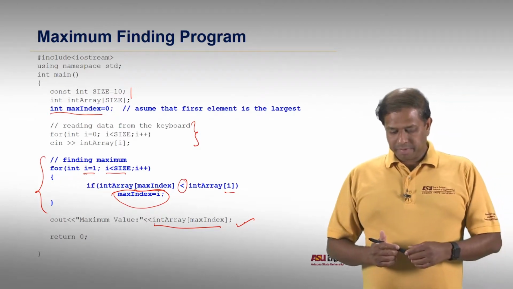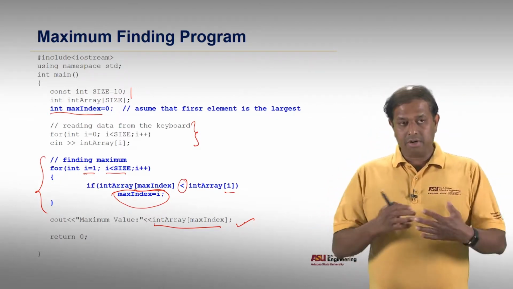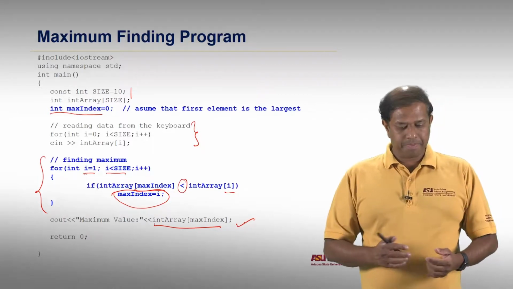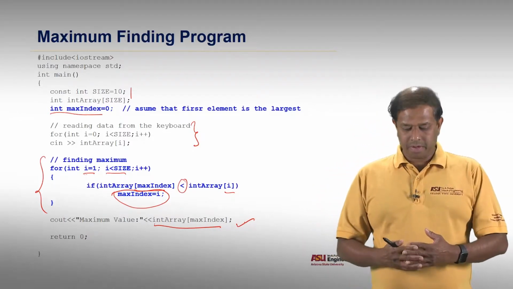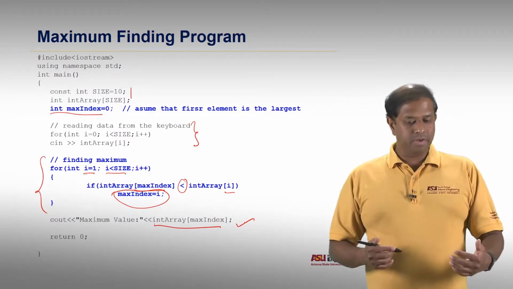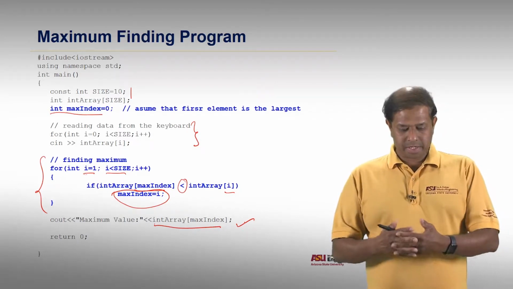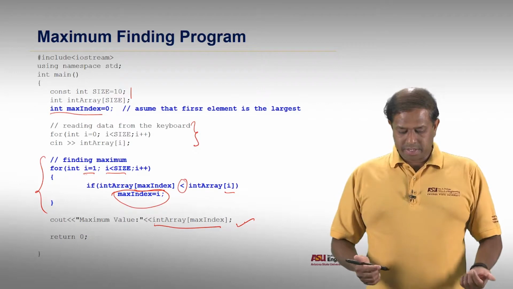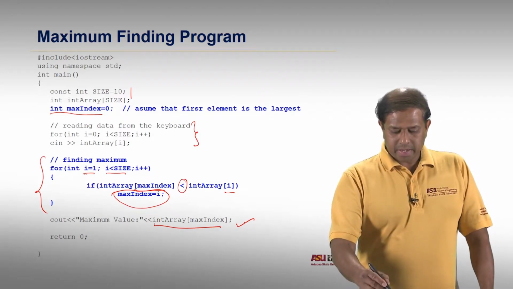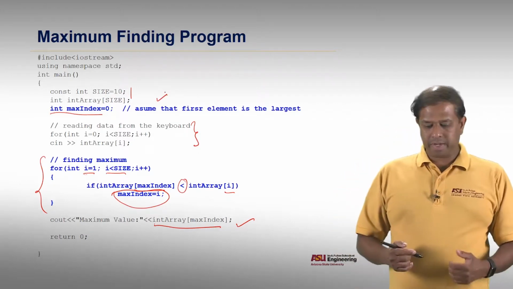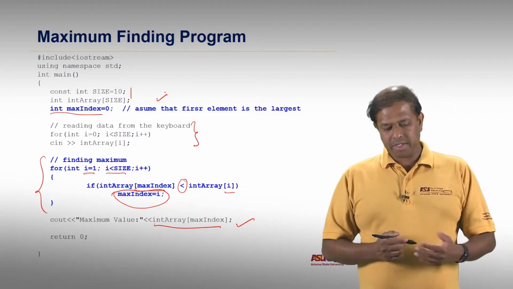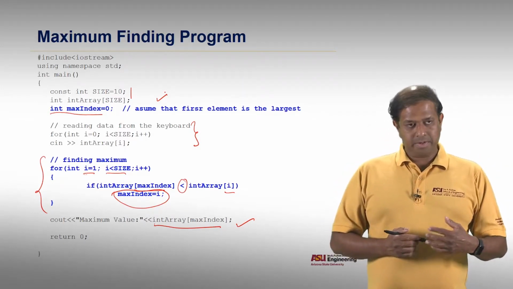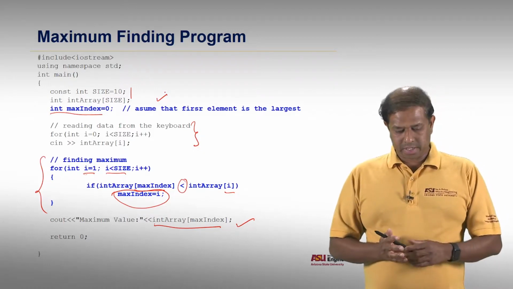The benefit of using the index is that not only do we get the maximum value, but we also find the location at which we find it. That information will be useful in subsequent computations in the program. Obviously this algorithm works pretty well if there are no duplicates in the array.